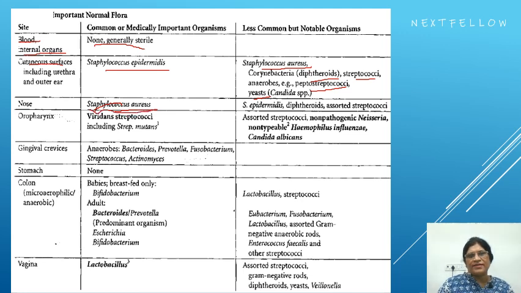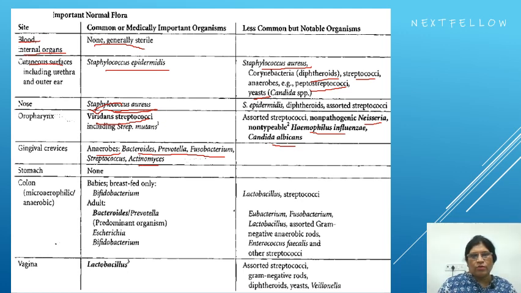In the oropharynx, we have viridans streptococci. Less common are non-pathogenic Neisseria, non-typable H. influenzae, and Candida. Gingival crevices have anaerobes, which can be Bacteroides, Prevotella, Fusobacterium, Actinomyces, Streptococcus, etc. Stomach also has no bacteria. Remember that the pH of the stomach is 2 and that kills the bacteria.